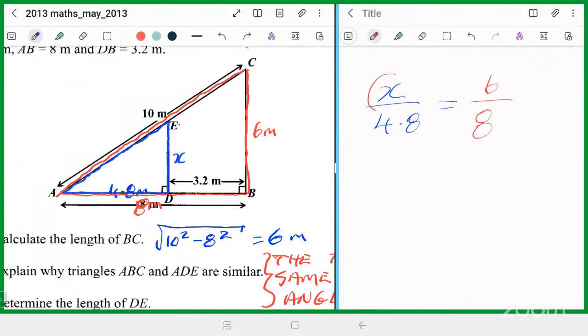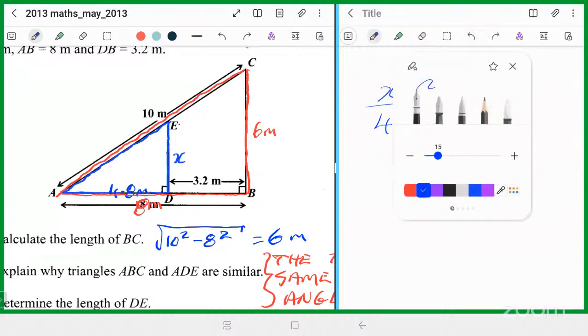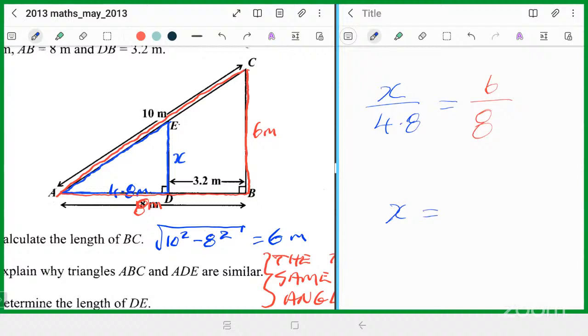The ratio of corresponding sides is the height on the small triangle over the base on the small triangle, equal to the height on the large triangle over the base on the large triangle. So to find x now, all I need to do is get this 4.8 and multiply it here. So x becomes equal to 6 over 8 times 4.8.